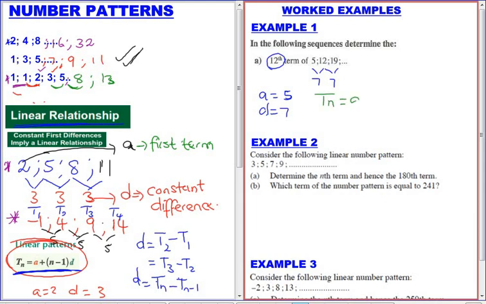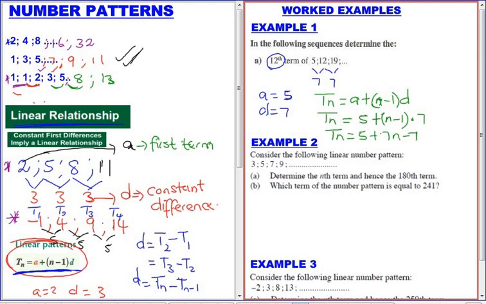So you can go ahead and use the formula a plus n minus 1 times d. In this situation, your a is 5, you put n minus 1 there, and your common difference is 7. Let's simplify this. It's 5 plus 7n minus 7.